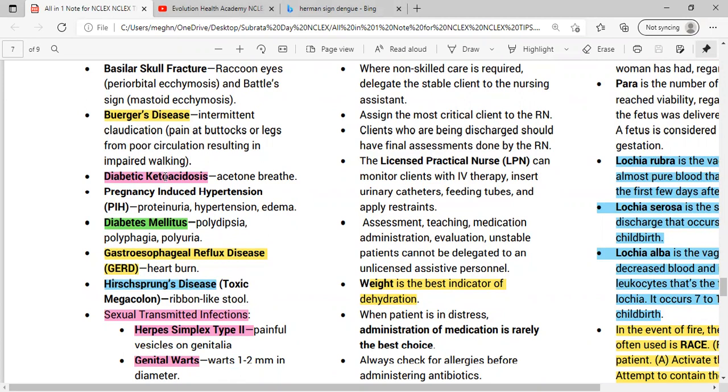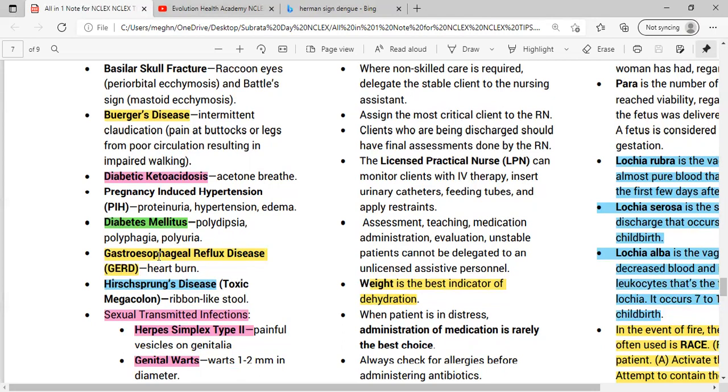In diabetic ketoacidosis, we find acetone breath: ketone bodies, an acidic substance, accumulate in the body, causing fruity-smelling breath. Pregnancy-induced hypertension: proteinuria, hypertension, and edema. Diabetes mellitus patients develop polydipsia, polyphagia, and polyuria.